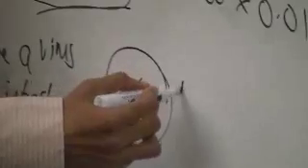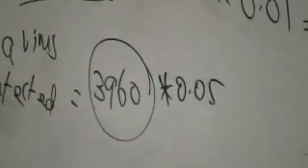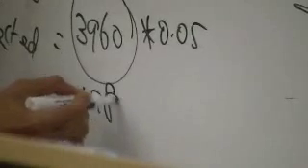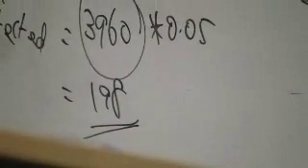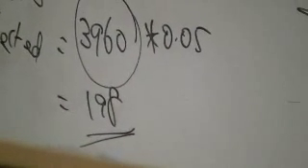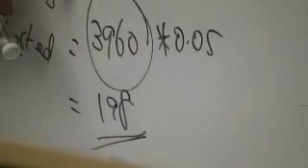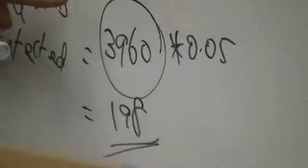False positive. So this is 3960 times 0.05. That comes out to be 198. So 198 computers among those 4000 are not really infected, but the antivirus scanner raises a flag that they are infected, right?